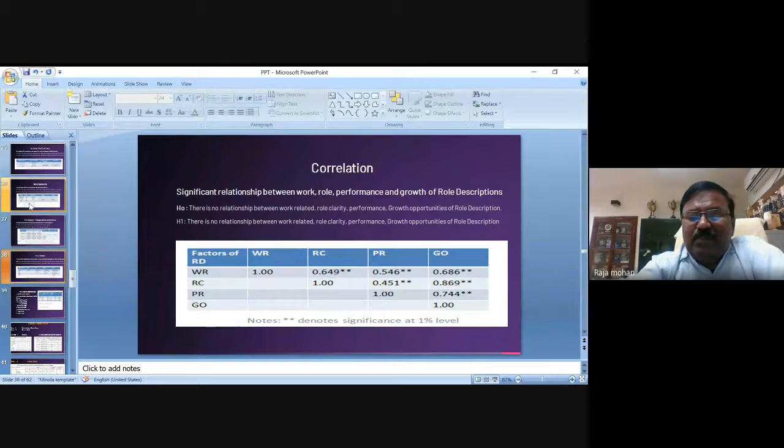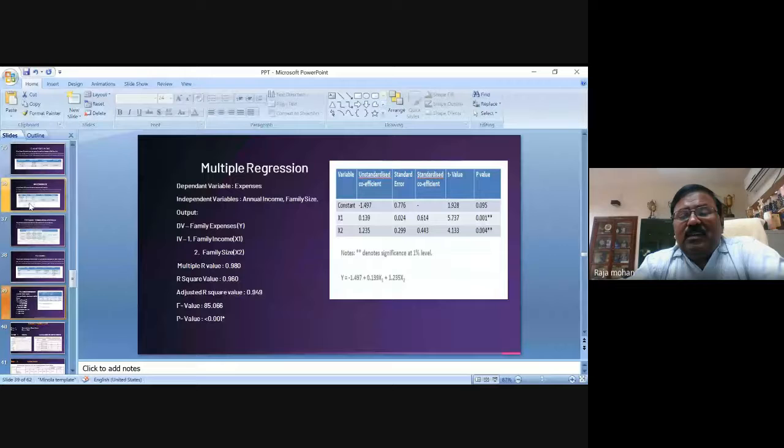The third one is concerned with PR, where it is one because these two variables are correlated with PR. And the last one is how WR and RC are correlated with GO. These things we can have. This is what we call a correlation matrix, and the next one is multiple correlation.